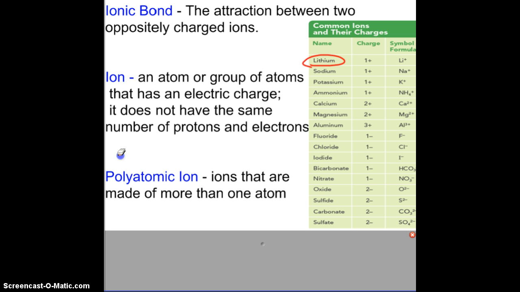They like to lose them. If you lose an electron, you become more positive. So lithium is a positive one because it likes to lose one electron. Same thing's true with sodium right below it. Sodium is also a metal, in the same family, Na, and it likes to lose one electron, so it also is a positive one. Those are examples of just plain old ions.